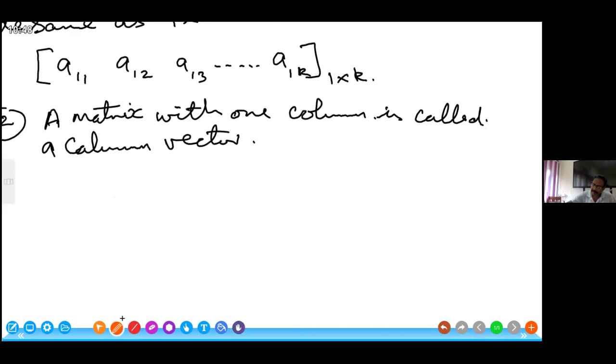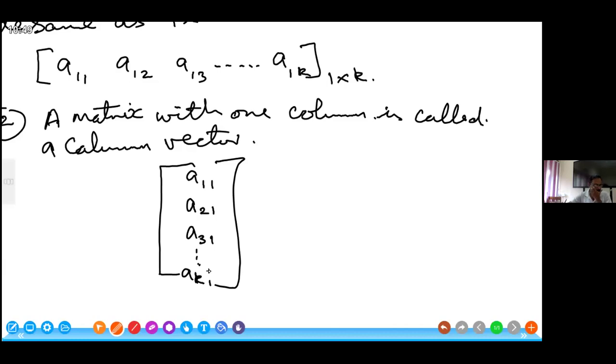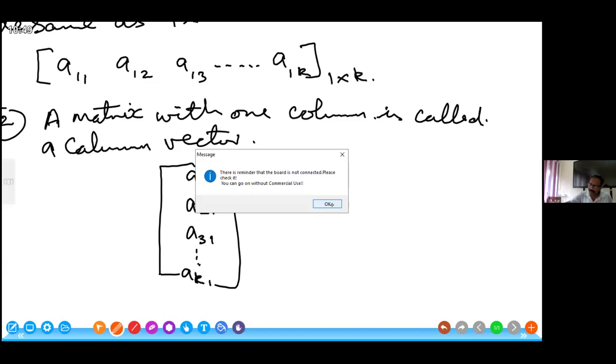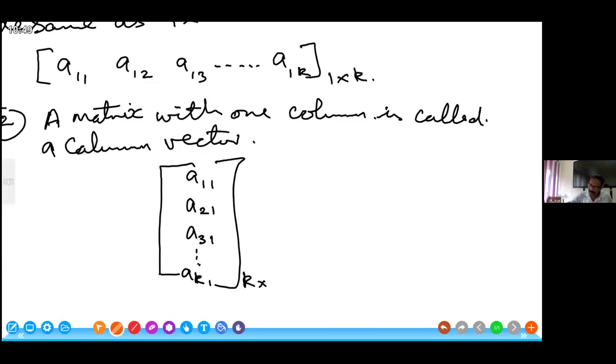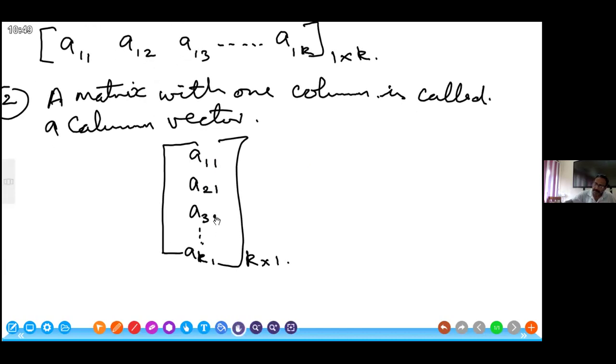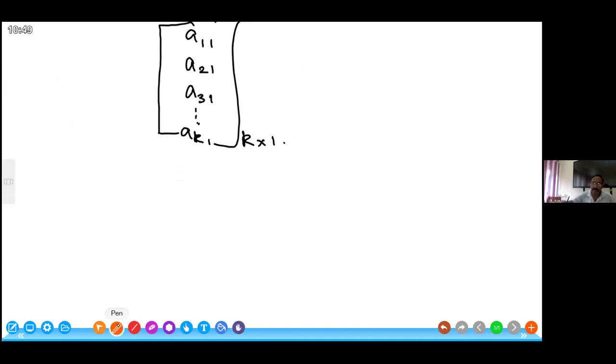We could say A11, A21, A31, and it goes up to Ak1. So this is called a column vector of size k into 1.